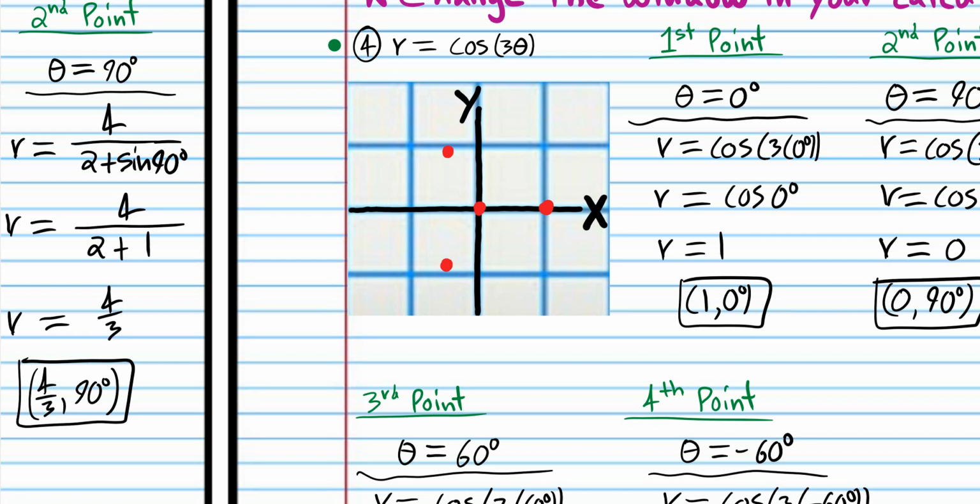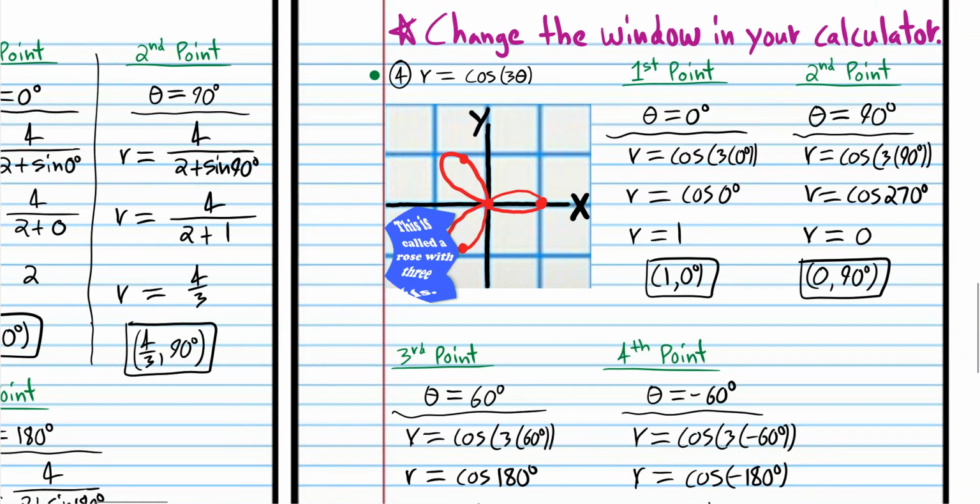If your calculator turns off, you can just push the on button. So we're going to write this leaf here, and again, it doesn't have to be a completely accurate graph, just a rough estimate of what the graph is going to look like.